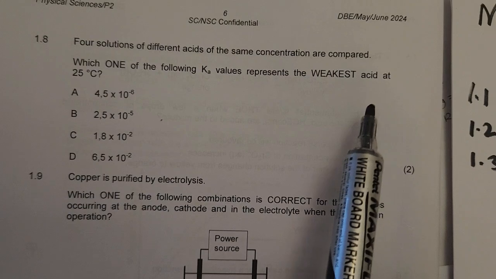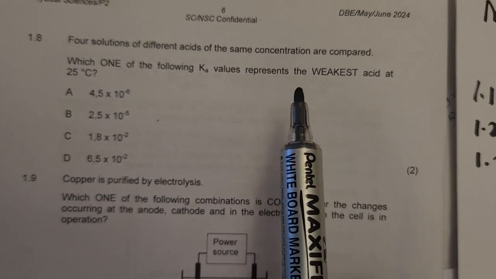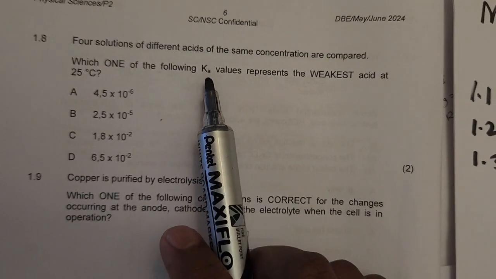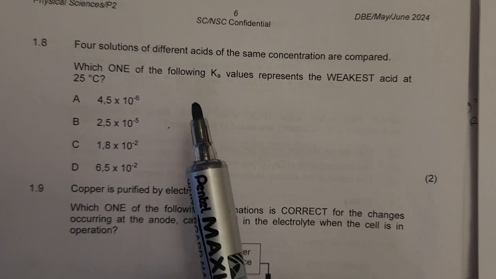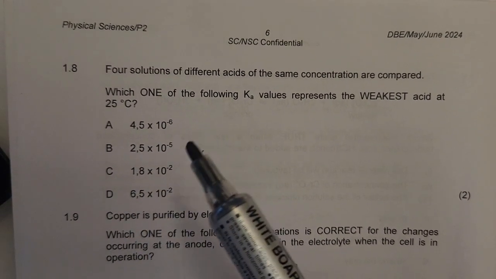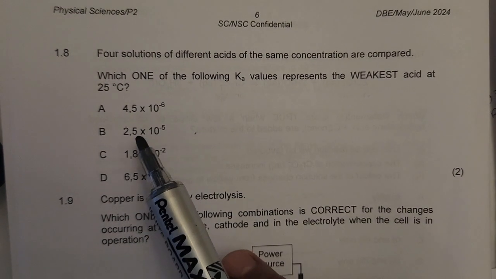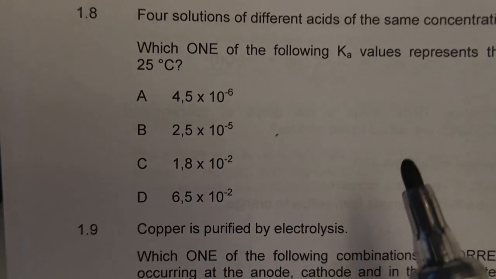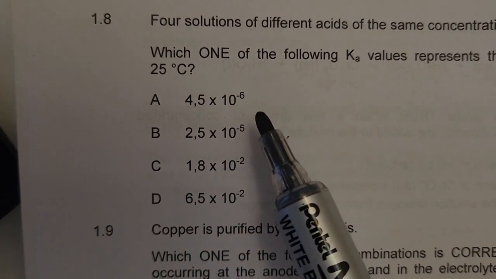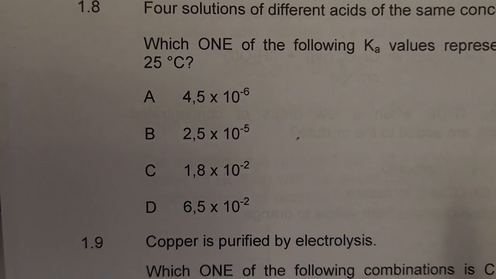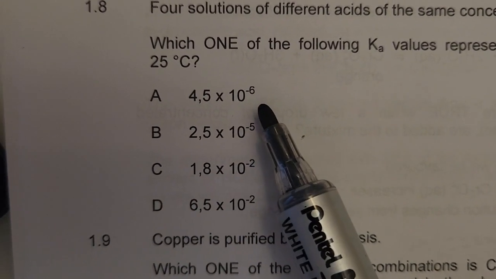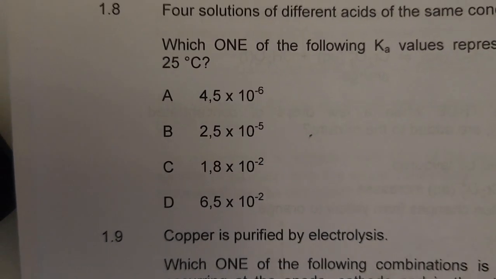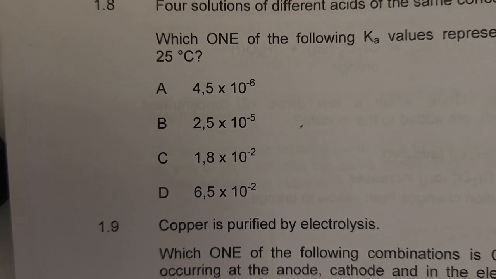Remember, the weakest acid will have now the lowest Ka value. That's what you should know before even looking at the answers. The weakest acid will have the lowest Ka value. If you look at these values now, which one is the lowest here? Then you will see that now the lowest, because this is 10 to exponent minus 6, obviously that's the best one. And 1.8 will be number A.